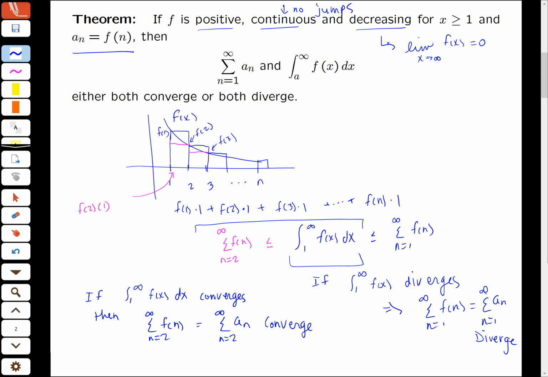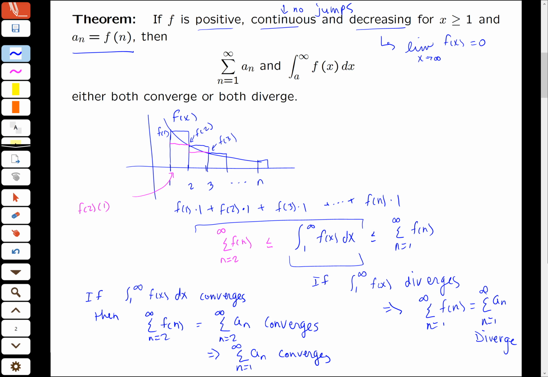But if you add the first term to that, that doesn't change anything except what it converges to. So then the original series converges. The theorem says, if the infinite integral converges, then the series converges. If the infinite integral diverges, then the series diverges.